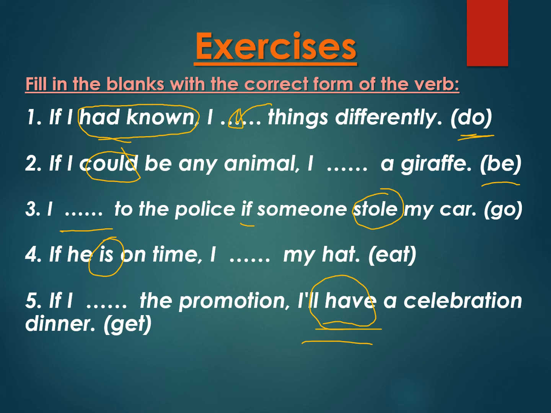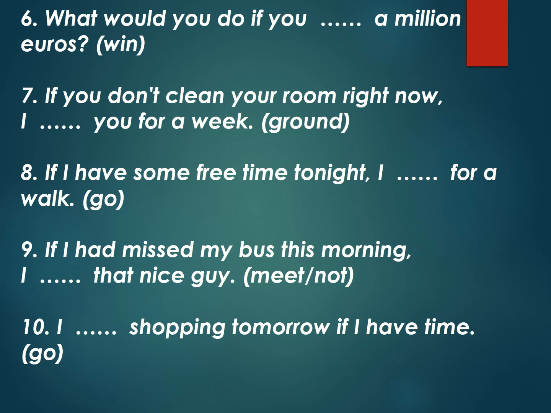I have some other exercises for you. Number 6, what would you do if you win €1,000,000? Now I want you to try it. What would you do? I'll make it easy for you. Would do. If is here in the middle. Think of the if clause and the main clause. Which type?